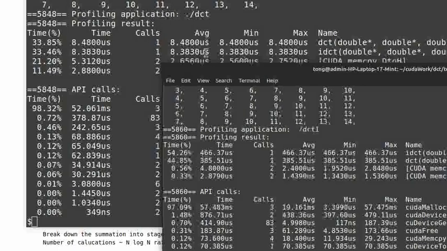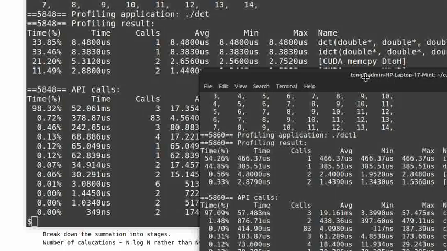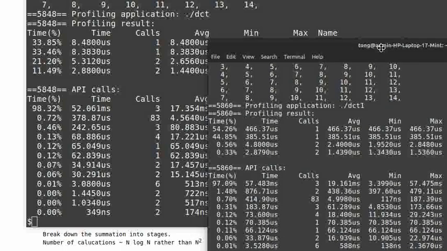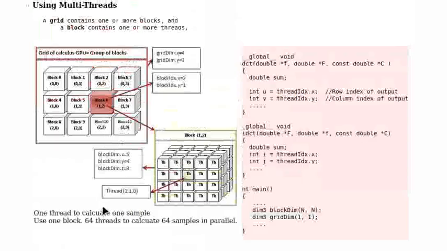So it is sped up significantly. So that's the multi-thread implementation of the DCT and IDCT in CUDA.